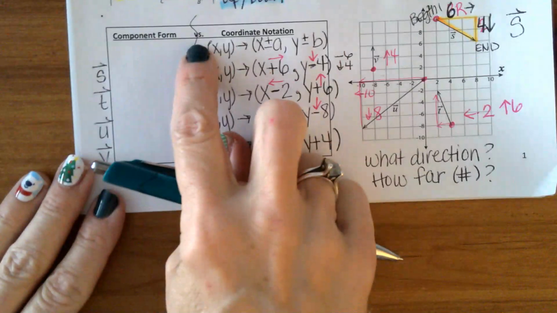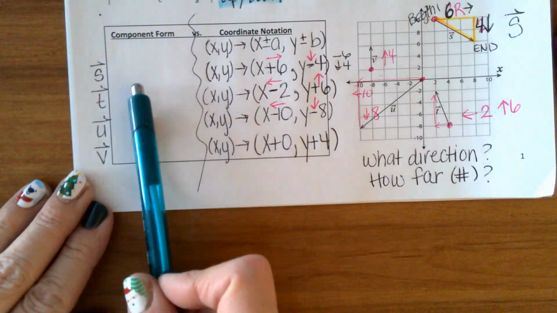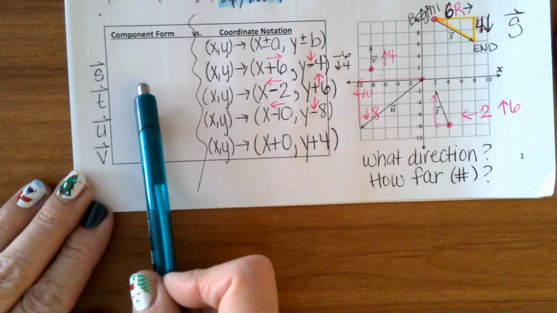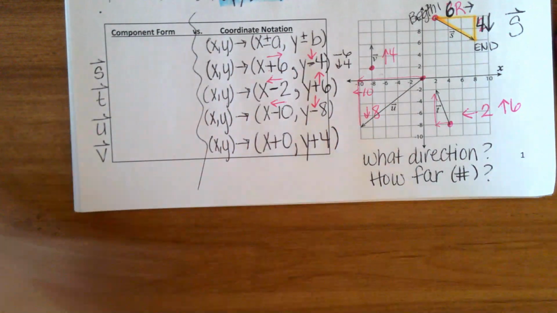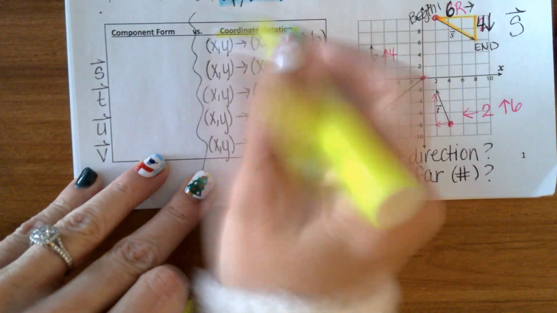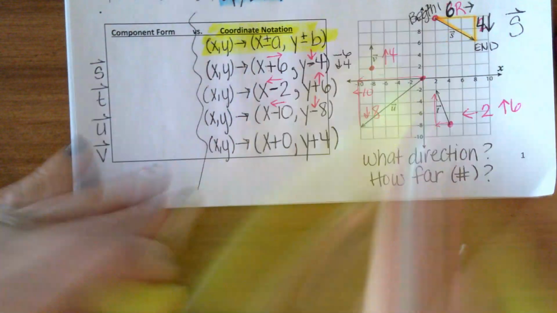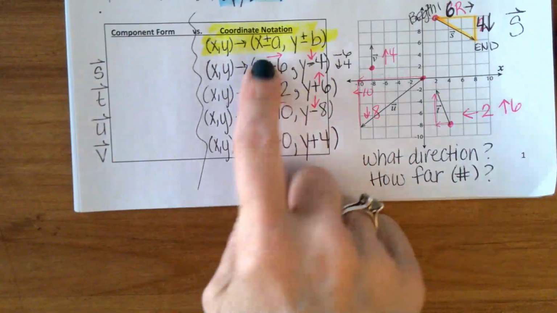See that word versus? We're going to write these rules a different way over here. Okay? So coordinate notation, if you see those words, coordinate notation, and most students just write it like this because it's consistent.